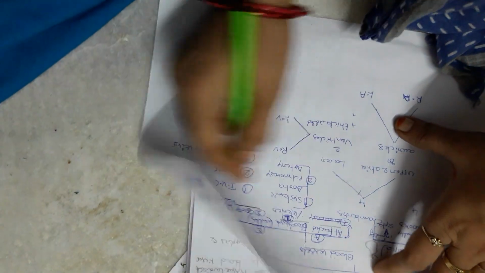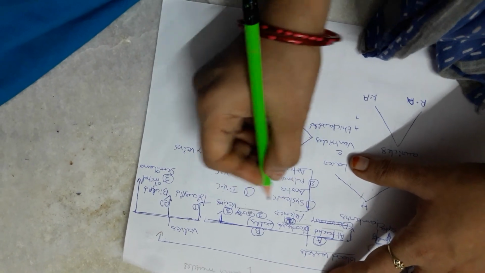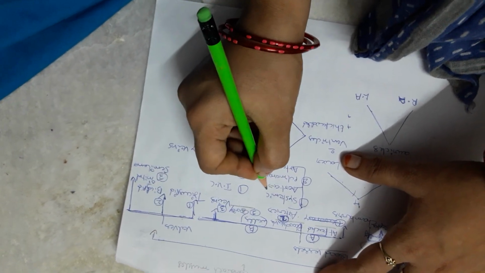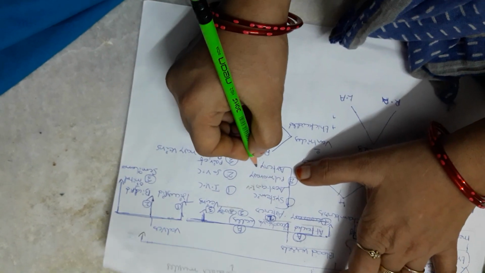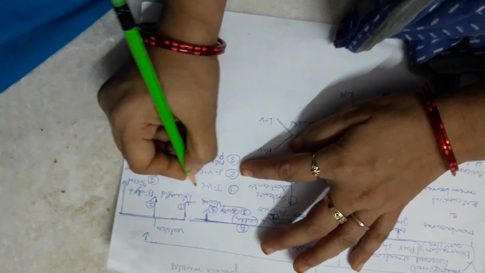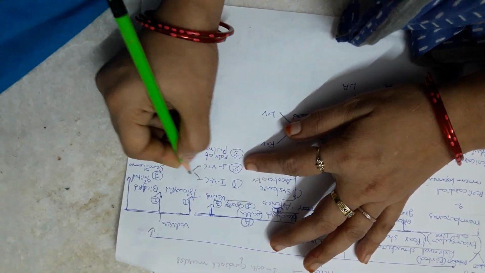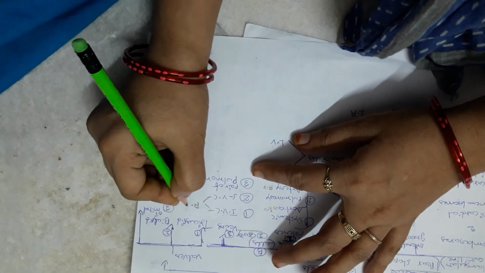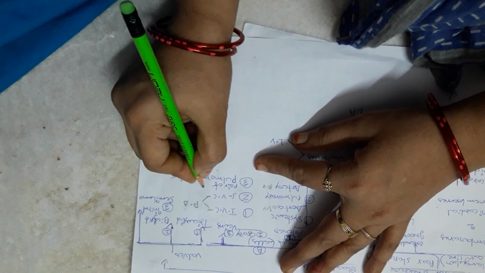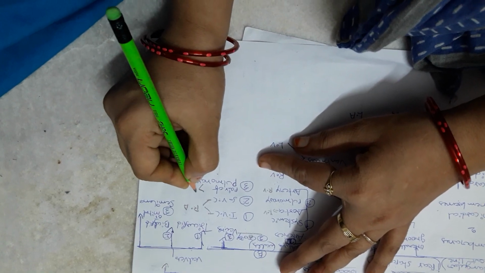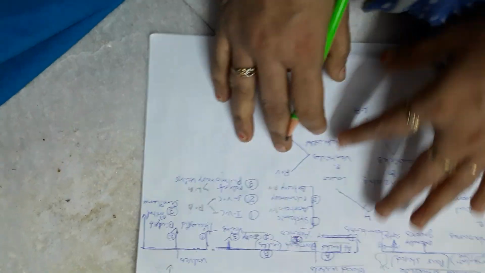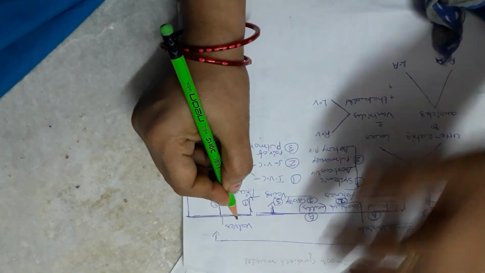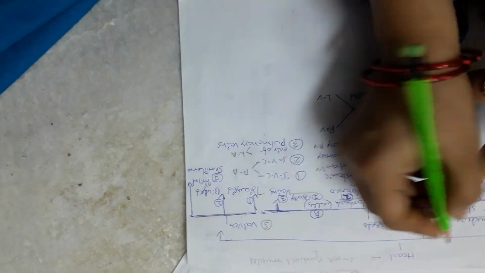I said already where they are attached: systemic aorta, left ventricle; pulmonary artery, right ventricle; inferior vena cava and superior vena cava, right auricle; and a pair of pulmonary veins, left auricle.